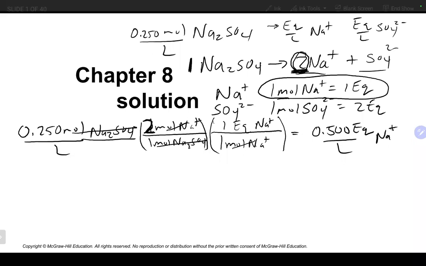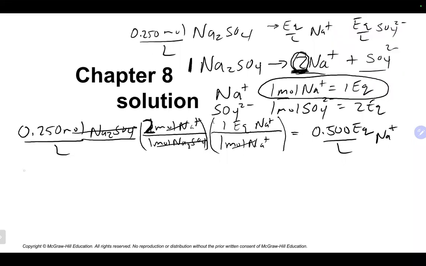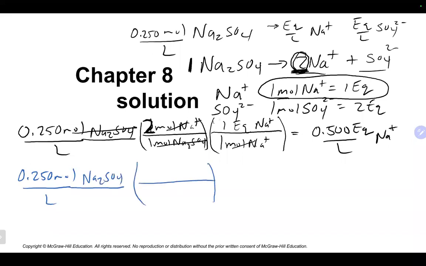We're going to do the exact same calculation for the sulfate. So we'll start with the whole thing once again, moles per liter of the whole thing. When we look at the whole thing to the sulfate, that is a 1-to-1 relationship. So 1 mole of the whole entire thing gives us 1 mole of sulfate.